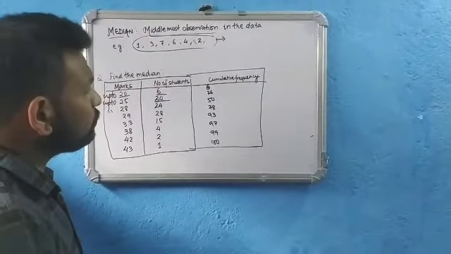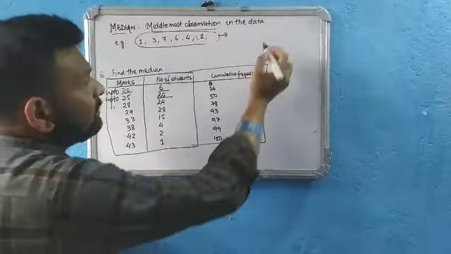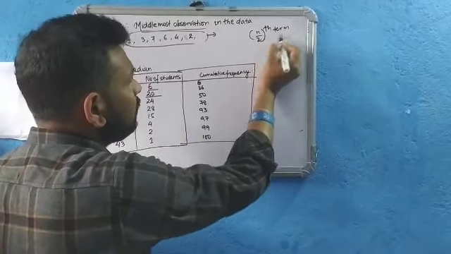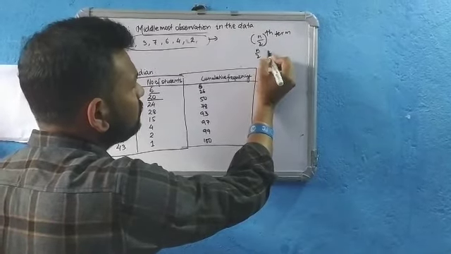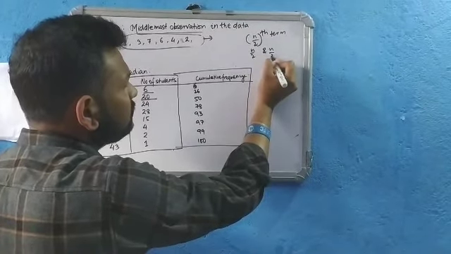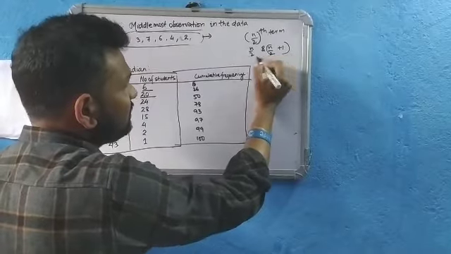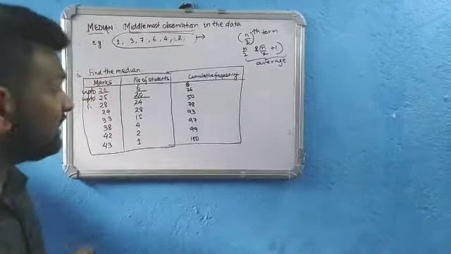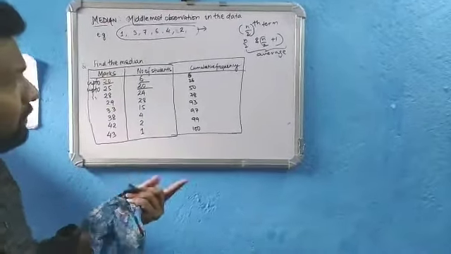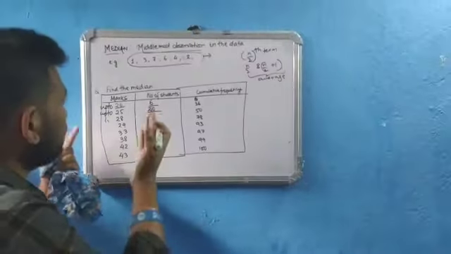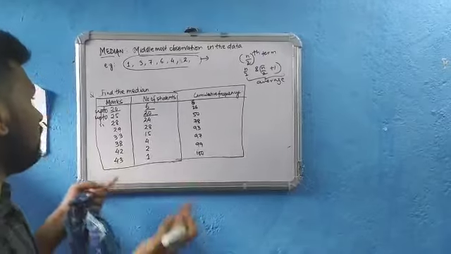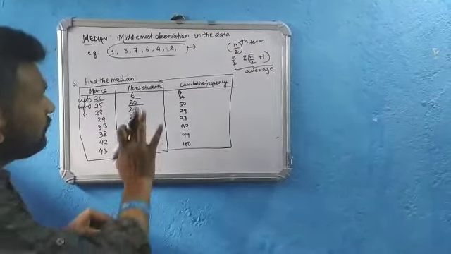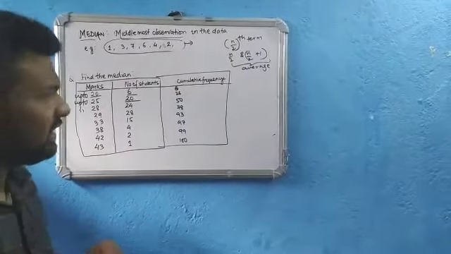We need to know the observation, because we know the n by 2th term, or the average of the n by 2th and (n by 2 plus 1)th terms, is how we calculate the median. But from here, how will you know how many terms there are, and how do you know the median? For that matter, we'll have to consider something known as the cumulative frequency.